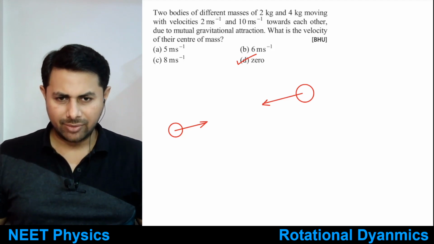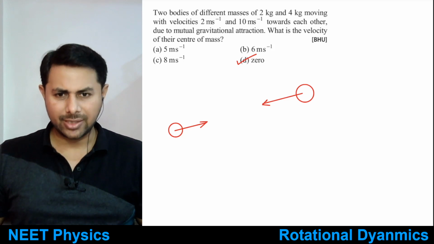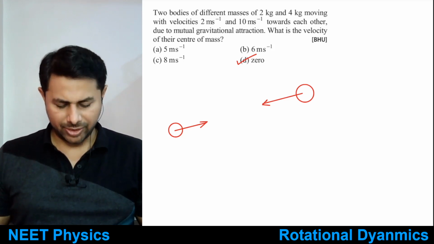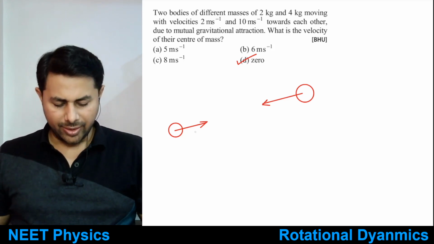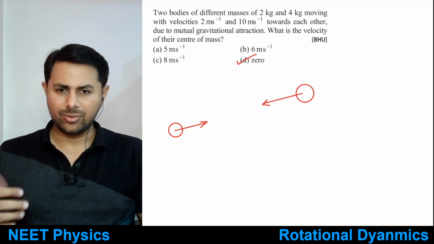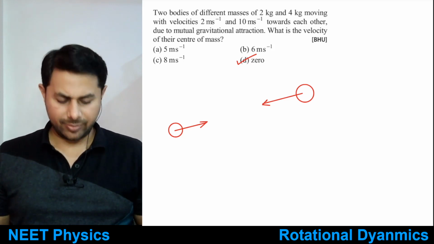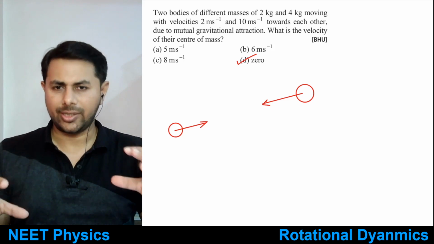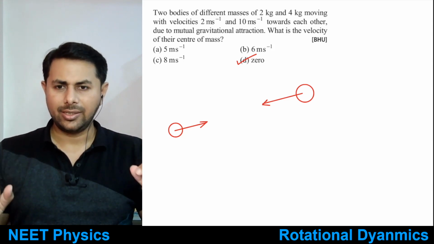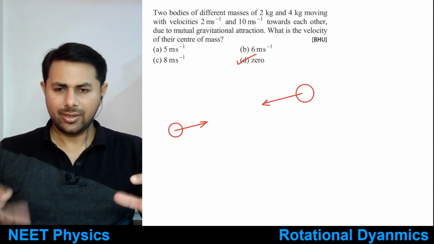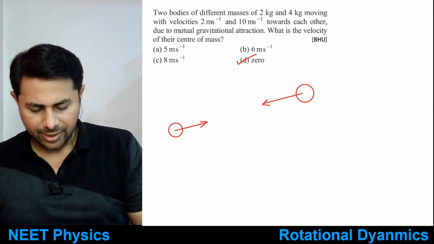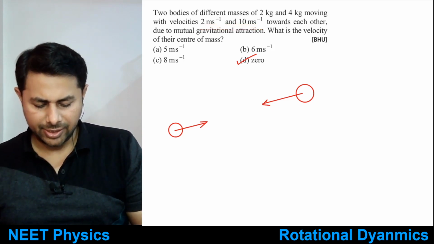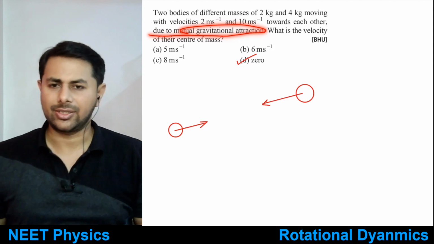Why is the initial velocity of center of mass equal to 0? That's your question. So initially if you are taking two bodies, you have two bodies, and then it is given that they are moving with these velocities towards each other due to mutual gravitational attraction.